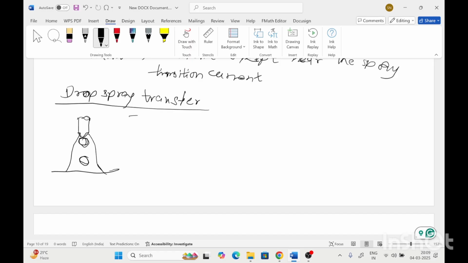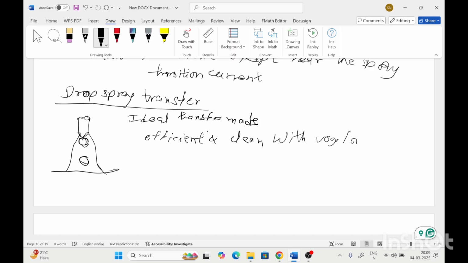So this is the ideal transfer mode, and it is efficient and clean with a very low splatter and fume levels.